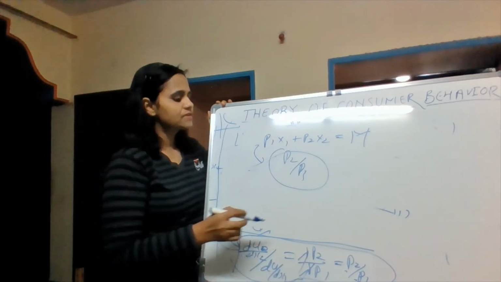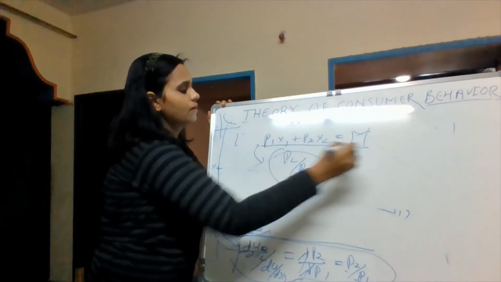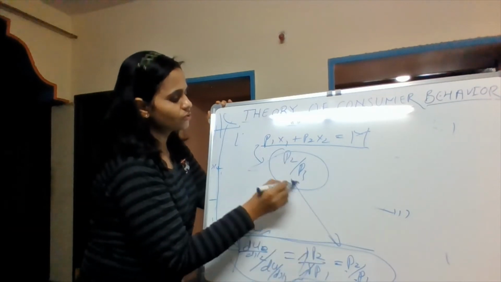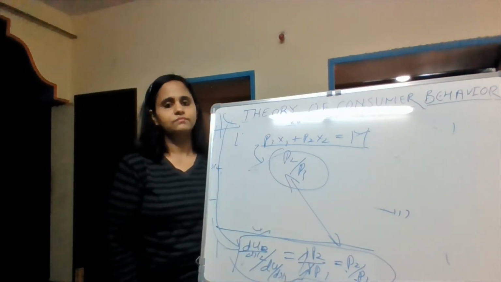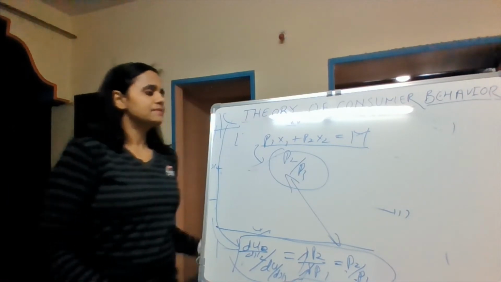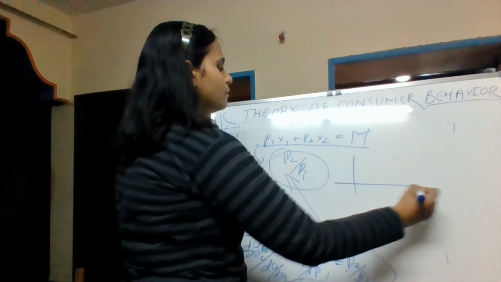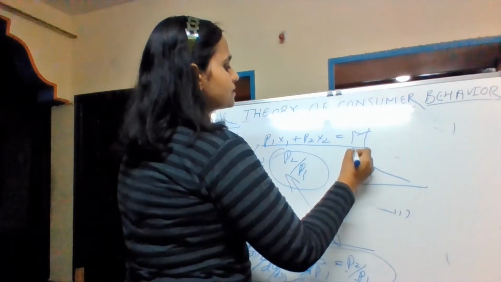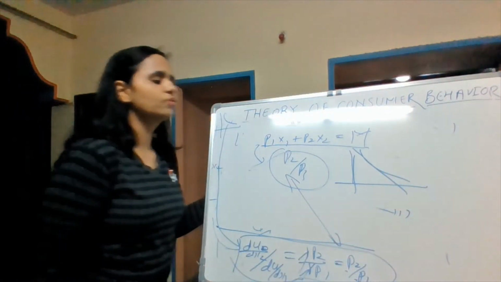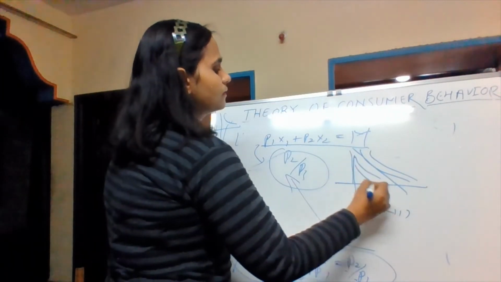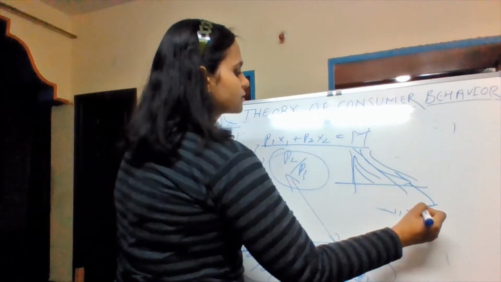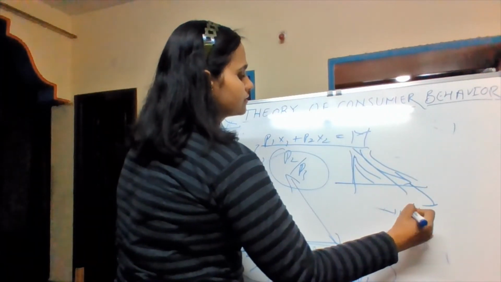For the maximization problem, the slope of your budget constraint became equal to the slope of your curve. That's the reason we say that wherever your budget constraint is tangent to your indifference curve, that's the indifference curve selected for consumer maximization.